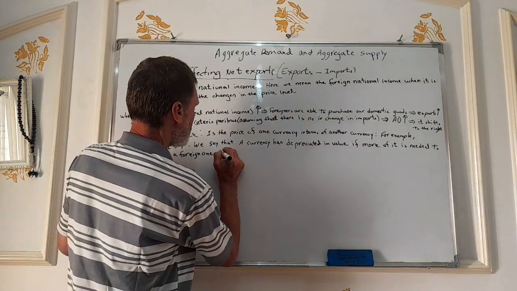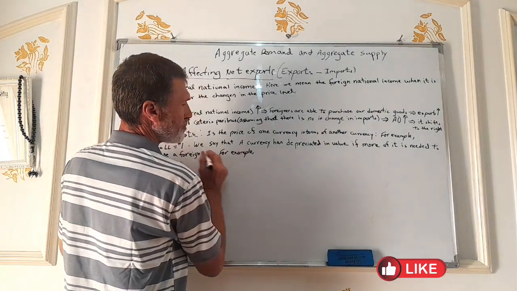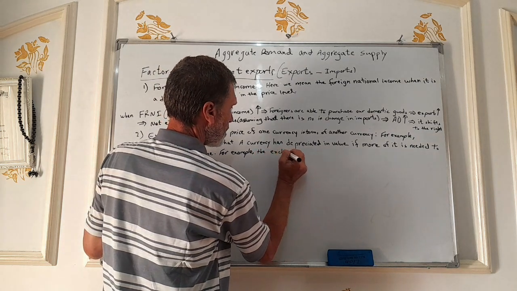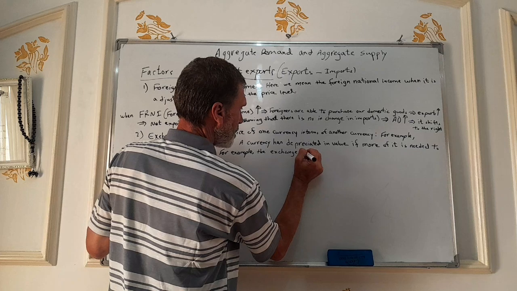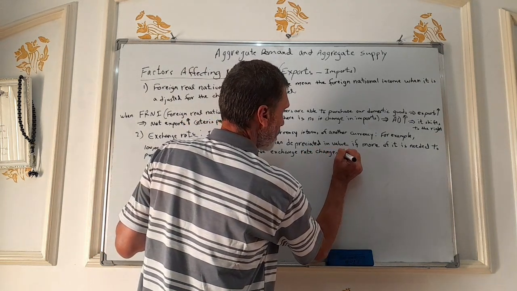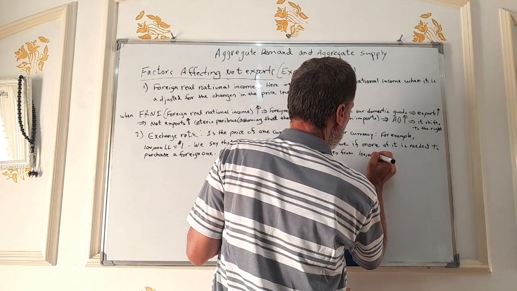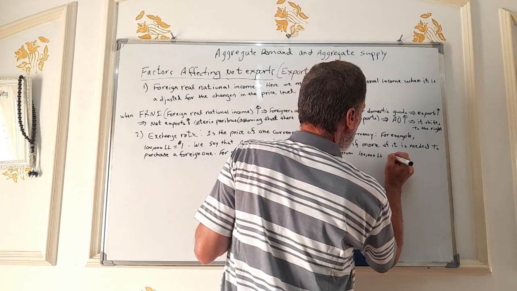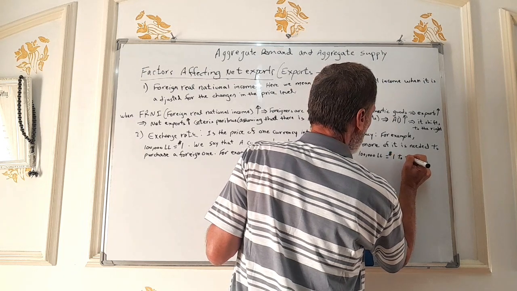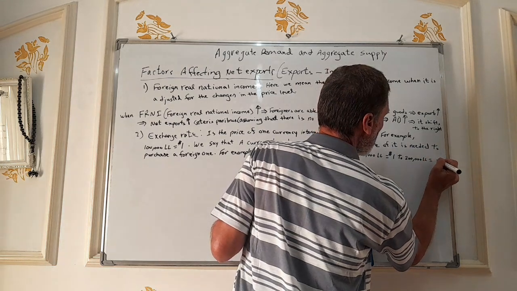For example, let's say the exchange rate changes from, let's say, 100,000 Lebanese pound equal $1 to 200,000 Lebanese pound equal $1.